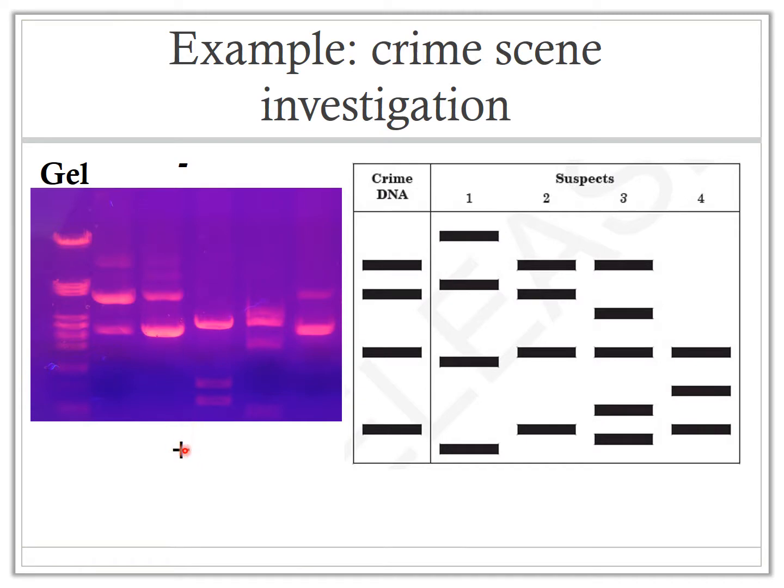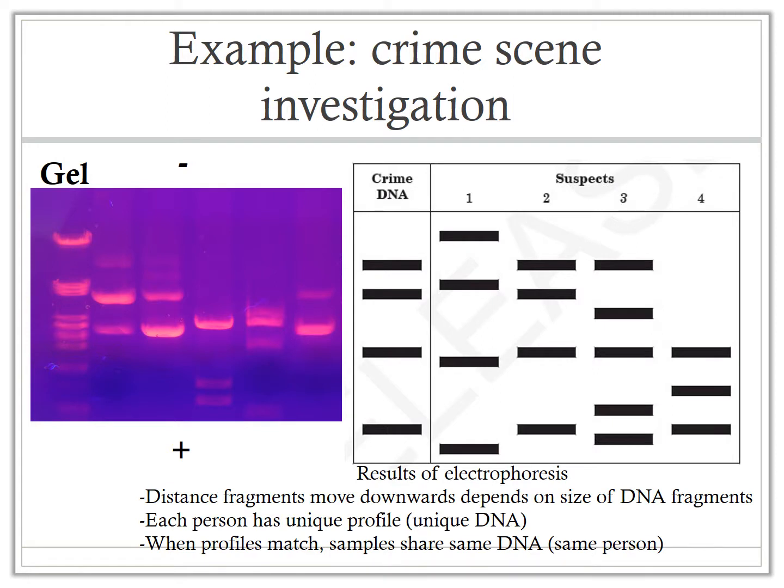This is the positive end, this is the negative end, and so the pieces of DNA that are further down here towards the positive end, we know that they are smaller. The ones that are further up towards the negative, we know that they are larger. Now, to actually read a true gel is difficult to do. So a lot of the times it will be put in this kind of form that is a lot easier to kind of figure things out.